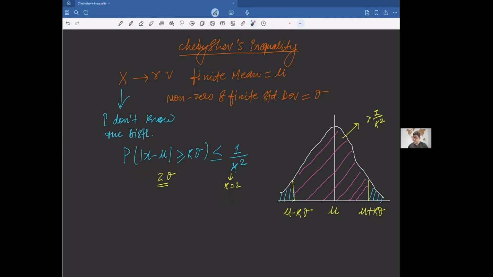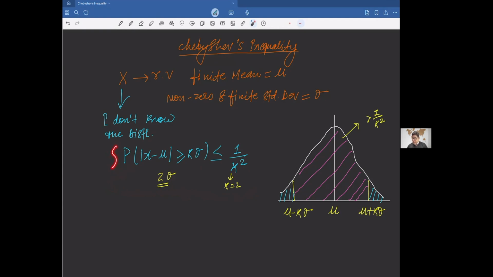One thing that you should understand is that this Chebyshev's inequality that I have written is going to work for any distribution with a finite mean and non-zero and finite standard deviation. Even if the distribution is normal or Gaussian, this will work.